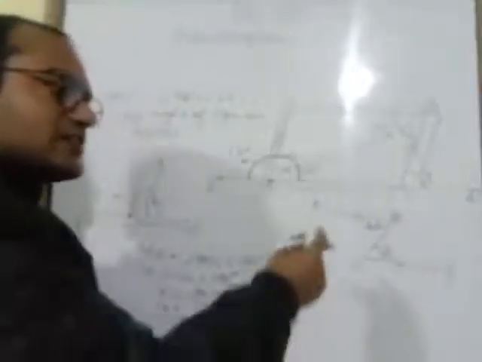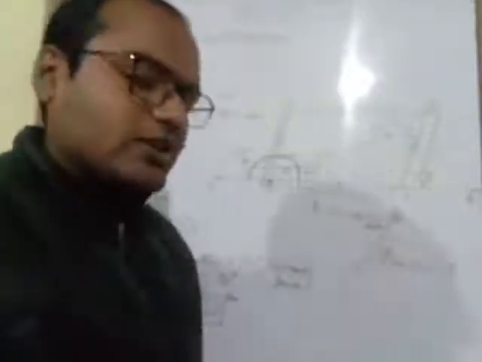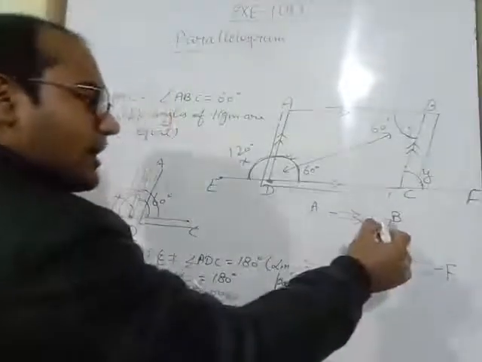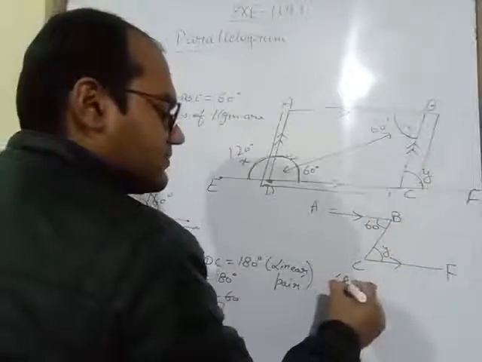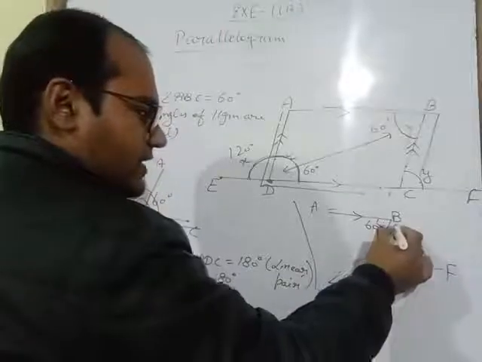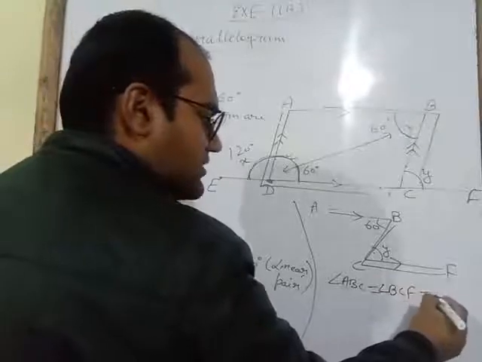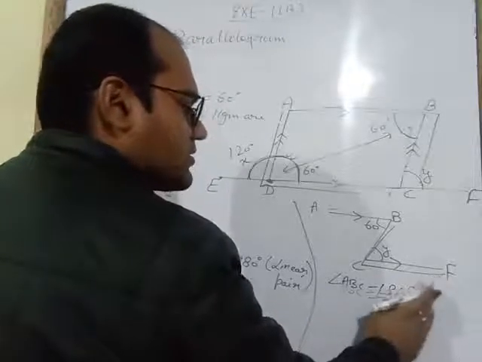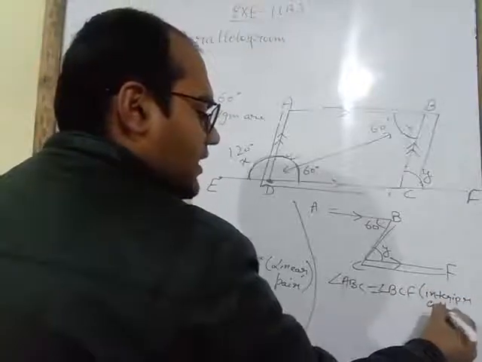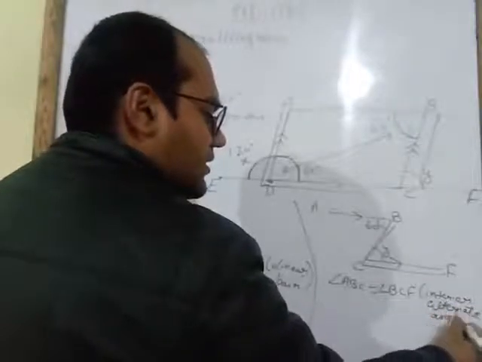So we will say that these two angles are equal to each other, because whenever we get a Z formation, we say that those angles are interior alternate angles. So the name of this angle is ABC, equal to, the name of this angle is BCF. Both angles are equal because these are interior alternate angles.